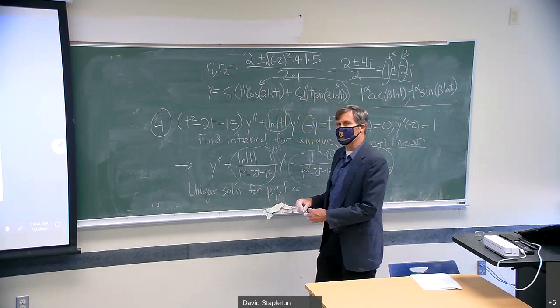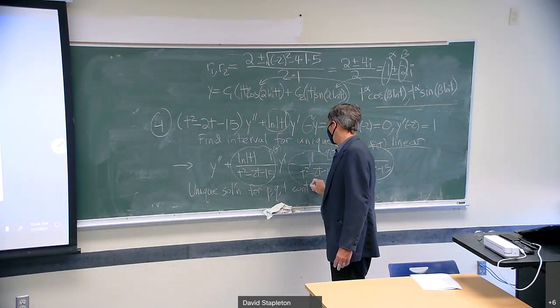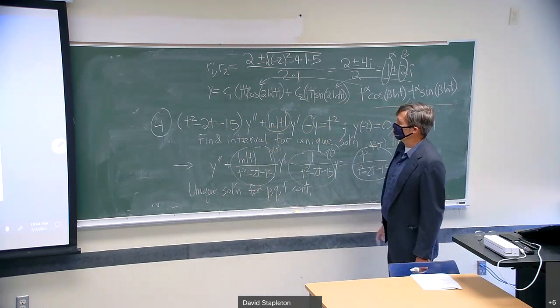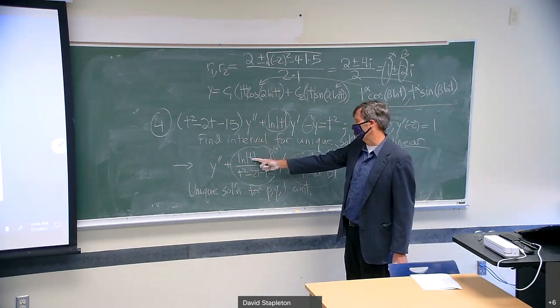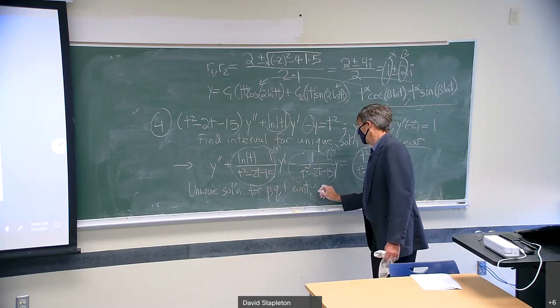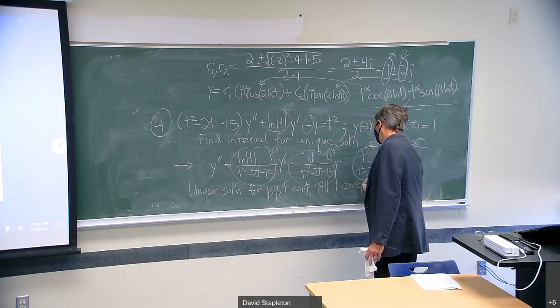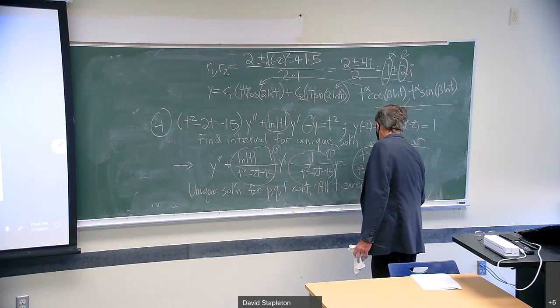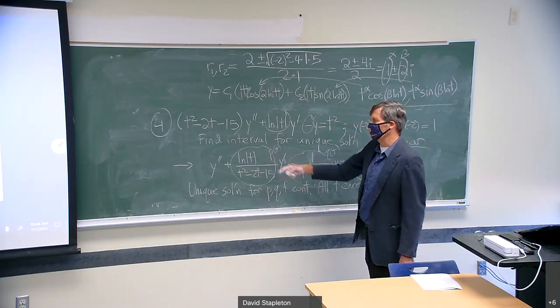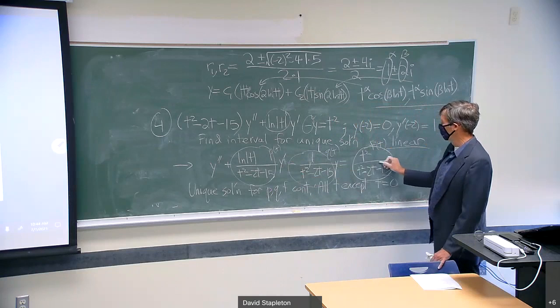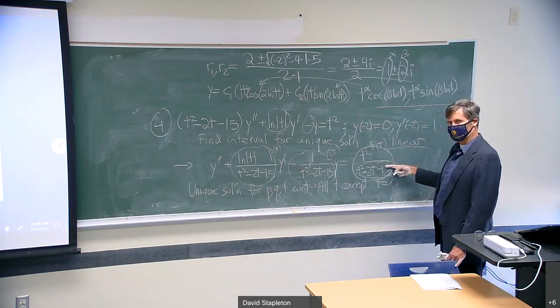You might get one on a longer interval, but the theorem guarantees you where these are continuous, you get a unique solution. So you can't include t equals 0 because natural log is not continuous there. So this is going to be all t except what? t equals 0 because the logarithm fails to be continuous. Where else do these fail to be continuous? Where the denominator is 0, right?